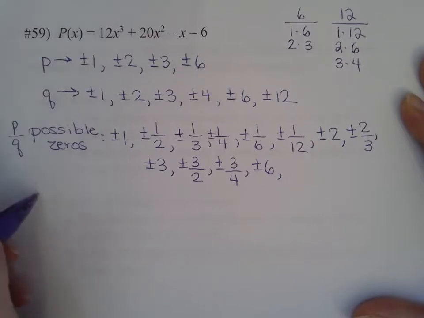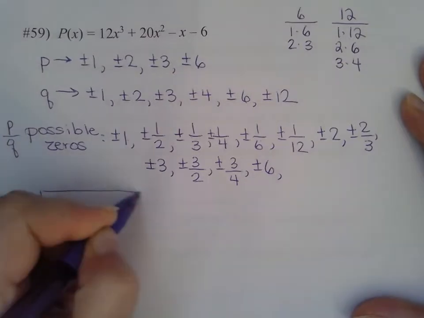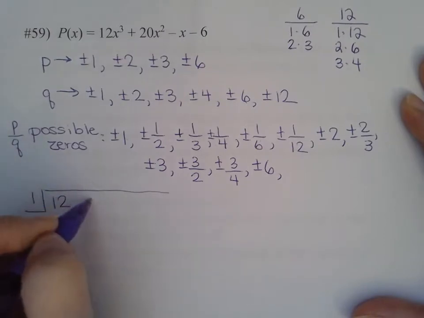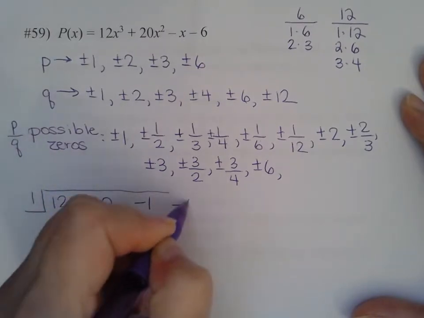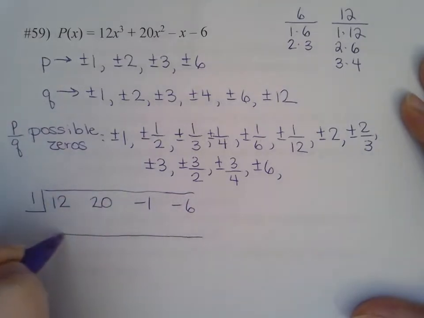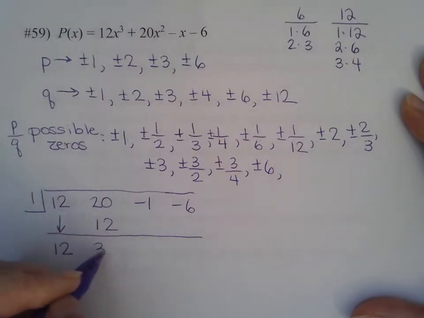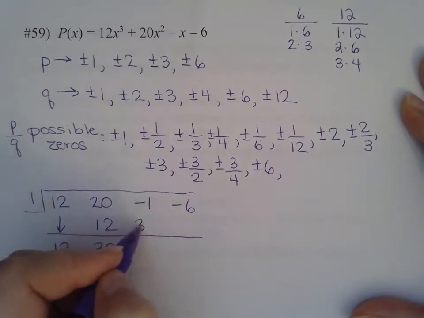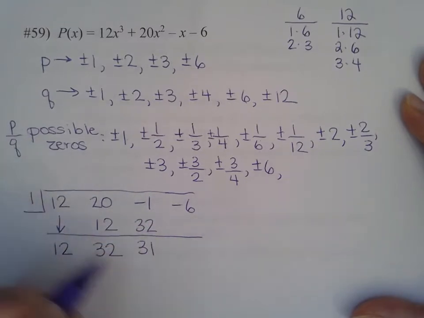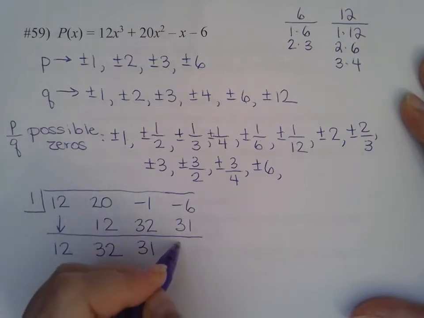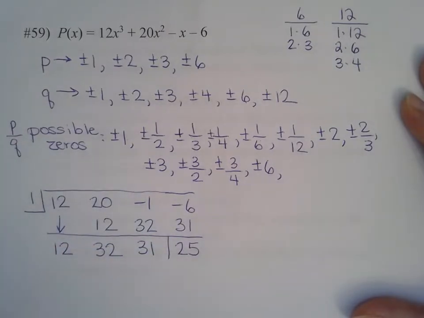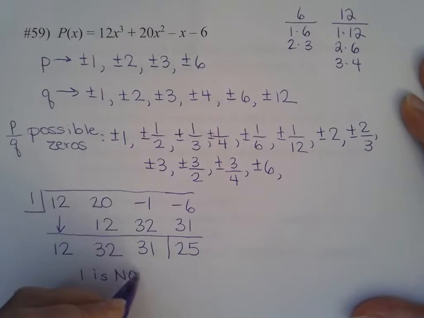Okay, so let's start with 1 and try it out. We're going to divide by something that begins with an x, so the coefficient comes down, then we multiply and add down, multiply by 1, add down, multiply, and add. Our remainder is not 0, so 1 is not a 0.